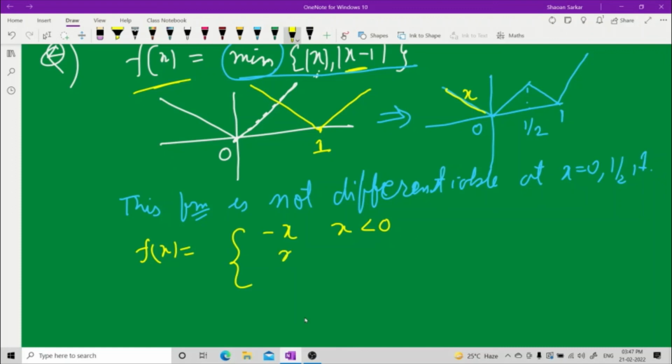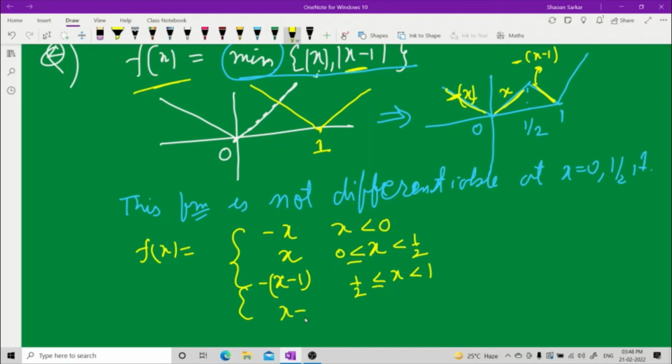For x greater than or equal to 0 but less than half, it will be x, that means this much part. And for x greater than or equal to half but less than 1, it will be -x + 1, that means this part of the function. And the last part is x - 1 for x greater than or equal to 1, that means this one part.